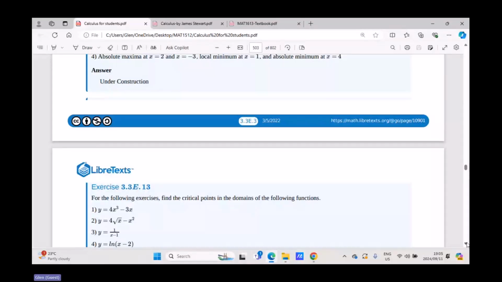Now the graph. Remember, I asked you to write down y equals to ln x. The y-axis will be the asymptote. Let's agree on that.